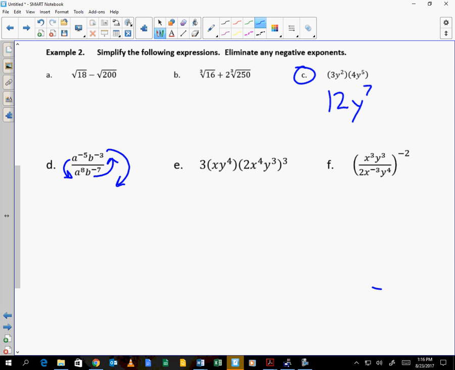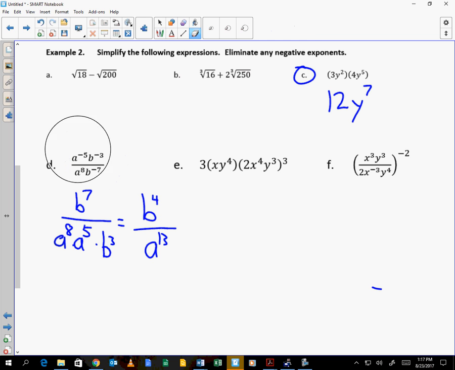So it looks like that would be a b to the seventh on top, an a to the eighth and an a to the fifth on the bottom, and a b to the third on the bottom. So here I have a b to the fourth divided by a to the 13th. Some people would do that differently. When I saw this problem when I was your age, I didn't do it like that.